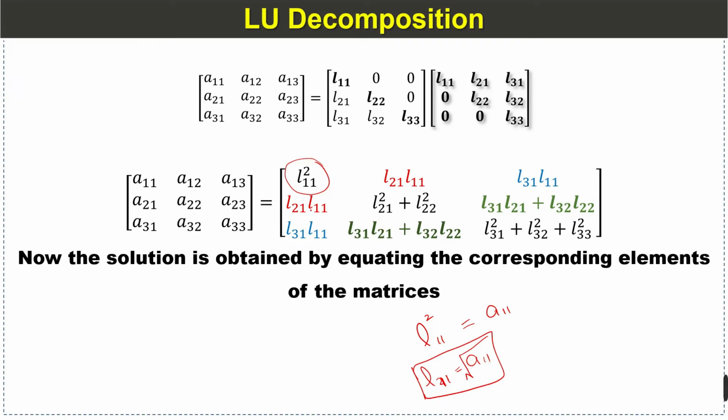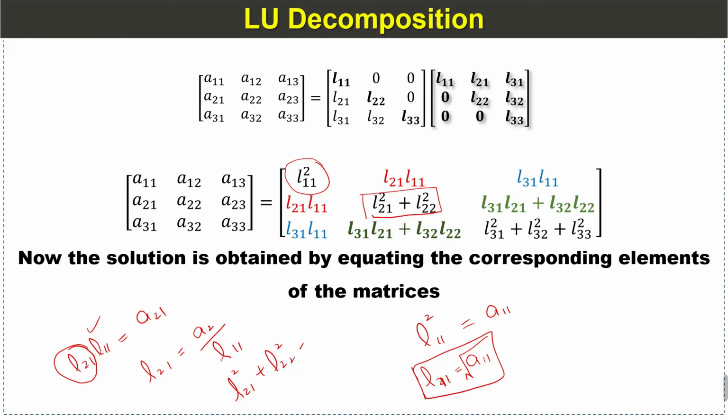Next we equate L21 L11 equal to A21, and here we calculate L21 because we already have L11, so L21 will be equal to A21 divided by L11. Next, the equation L21 squared plus L22 squared will be equal to A22. Here we will solve this equation for L22.